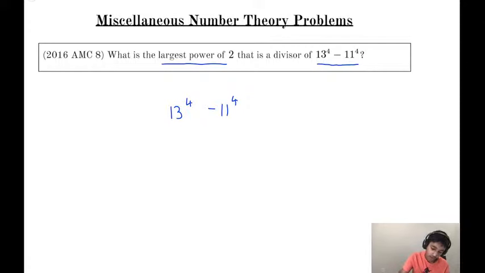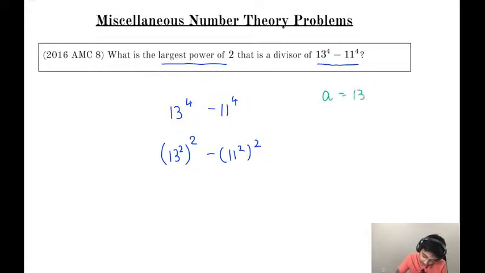Okay, so a really clever trick in this expression is that 13 to the 4 is 13 squared squared, and 11 to the 4 is 11 squared squared. You might be asking, why am I doing this? The reason is we're going to do something really clever here. If A is 13 squared and B is 11 squared, we can say this is A squared minus B squared.